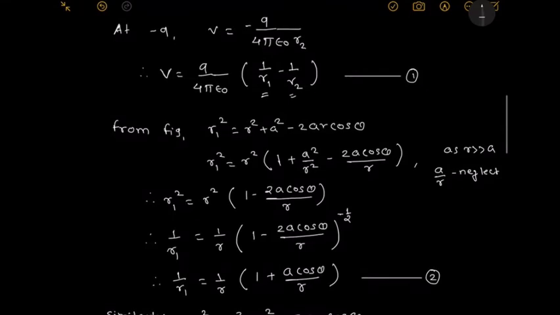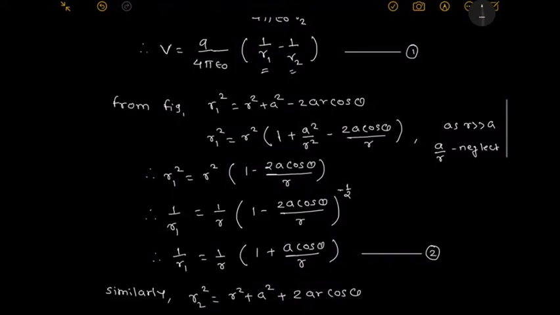Therefore, 1 by R1 is equal to 1 by R into bracket: first term 1, second term is minus minus, which becomes plus, since the bracket is already raised to minus half, plus a cos theta divided by R. Two in the numerator and denominator cancel. This is equation 2.